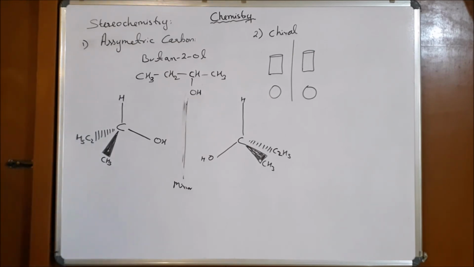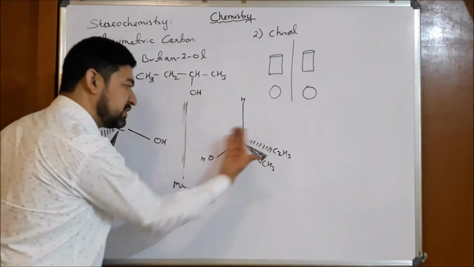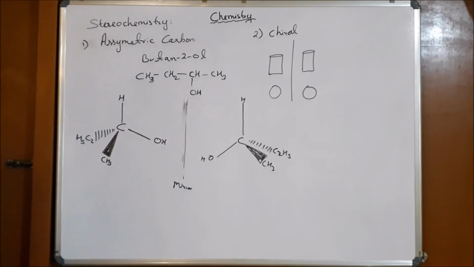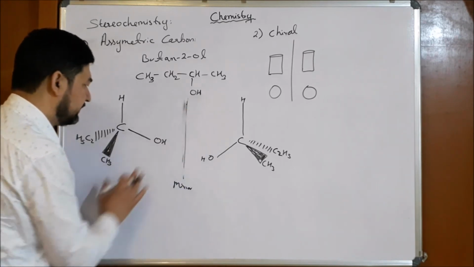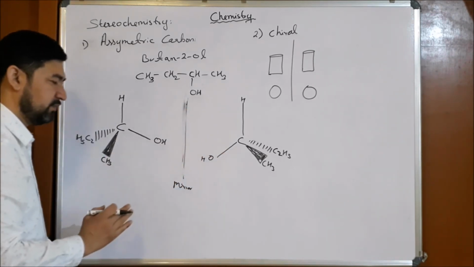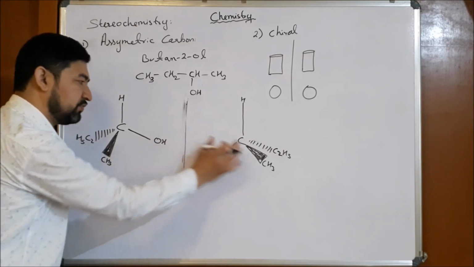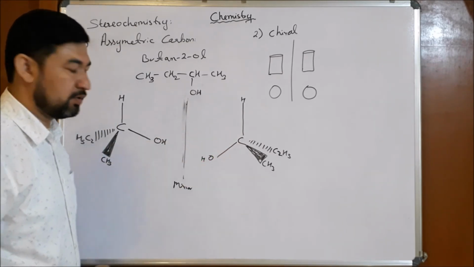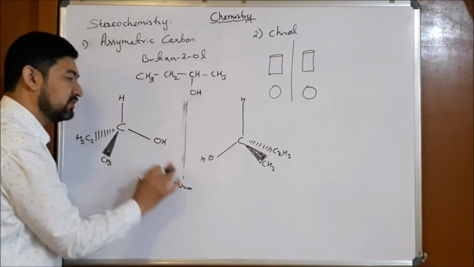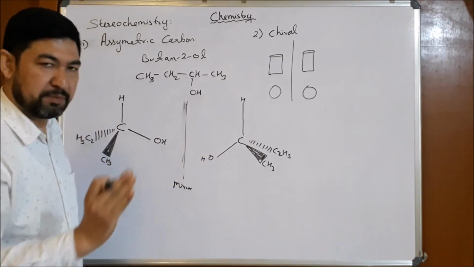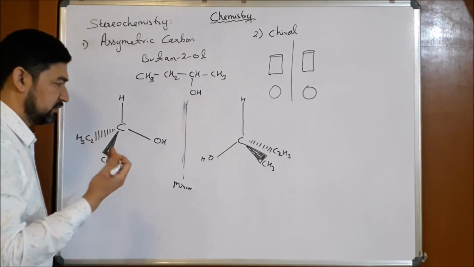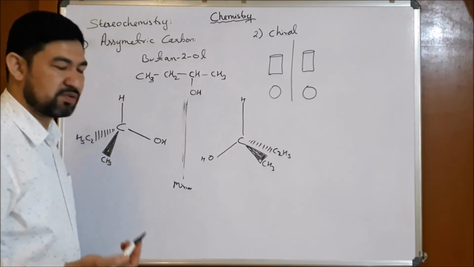What are enantiomers? Enantiomers are mirror images that are non-superimposable. The property of enantiomers is that they have the same melting point. These two are different molecules, but they have the same melting point, and the other physical properties are also the same.